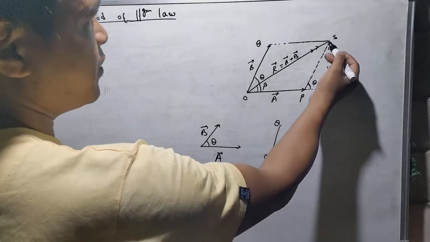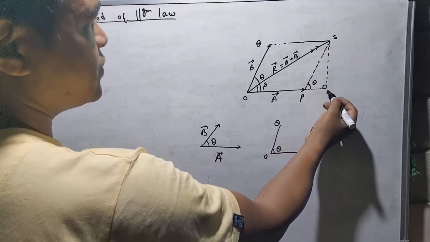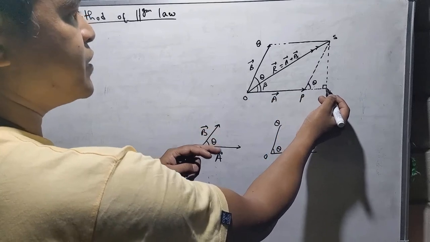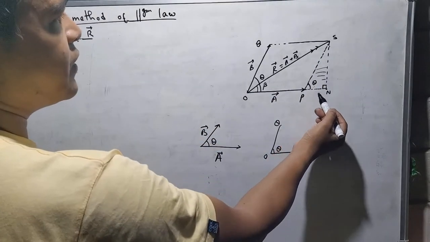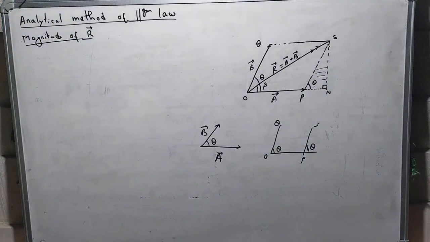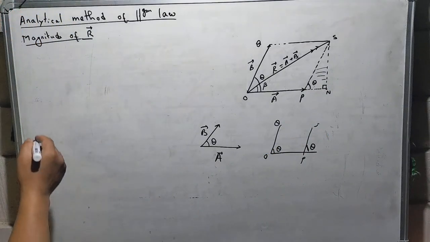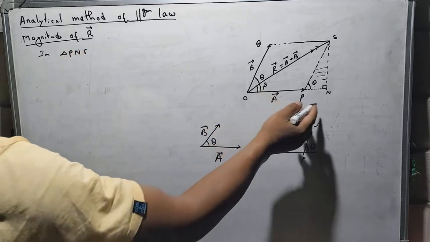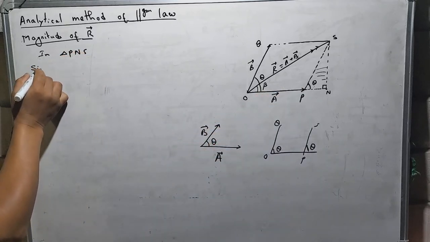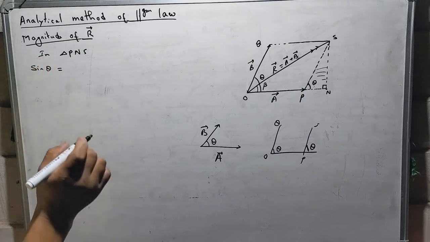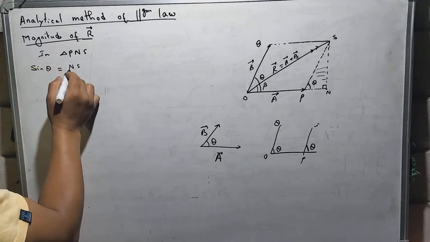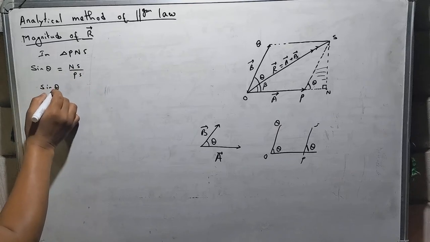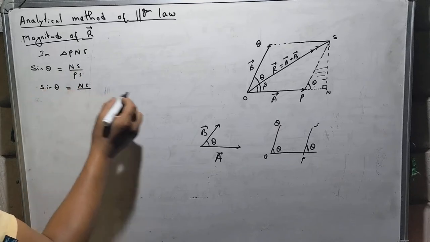Now, if I drop a perpendicular from the point S to the extended line OP, you'll get this point N, and this triangle PNS will be a right angle triangle. In this right angle triangle PNS, sine theta is equal to perpendicular by hypotenuse, which is NS by PS.